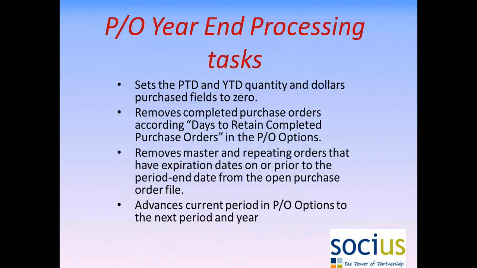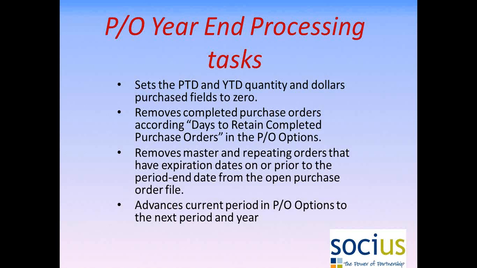During the period end process in purchase order, a number of tasks are completed. It sets the period-to-date and year-to-date quantity and dollars purchased fields to 0.